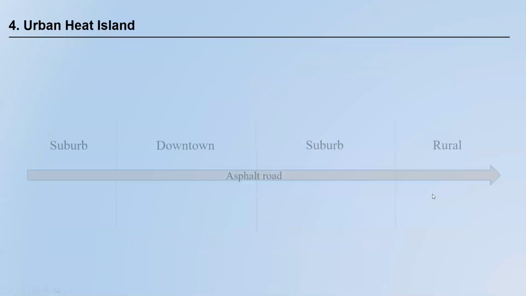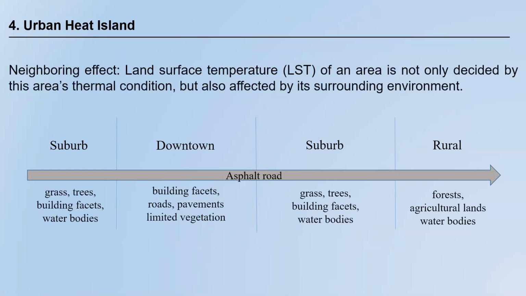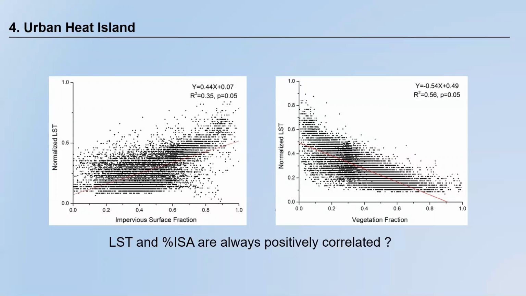But the problem is that we have something called neighboring effect. It means that these two scatter plots are pixel based, which means that for each pixel, we use a dot to address a pixel in your image. And for that pixel, you can retrieve the land surface temperature of it.